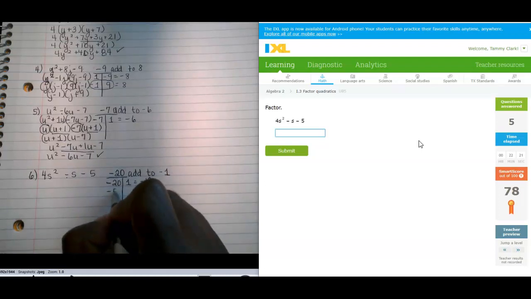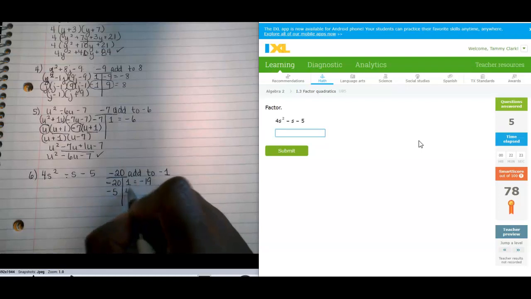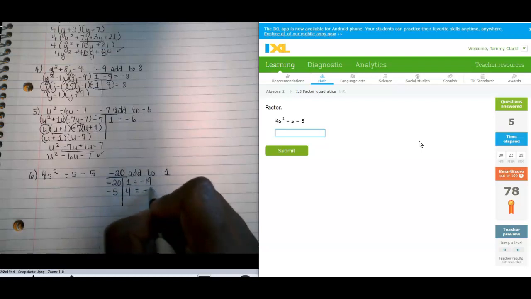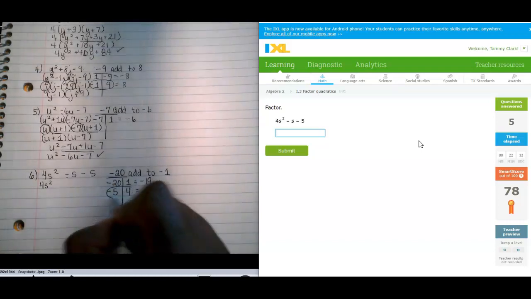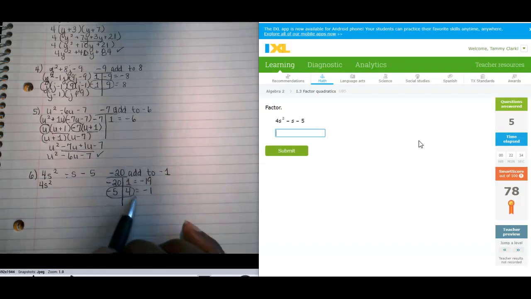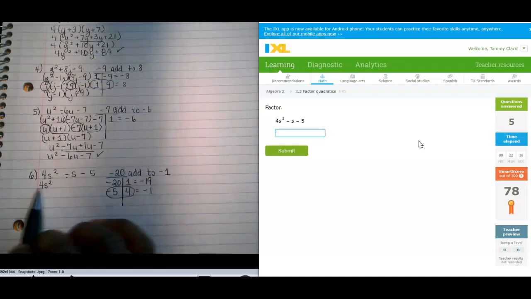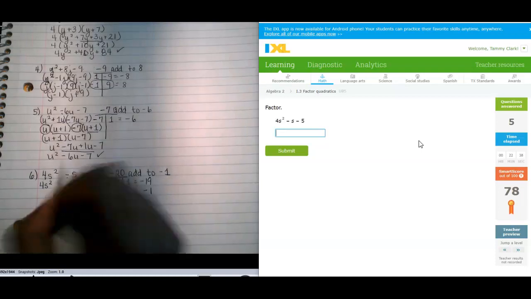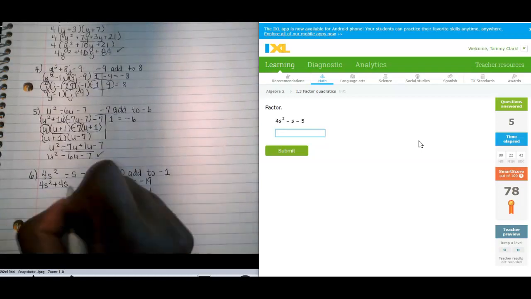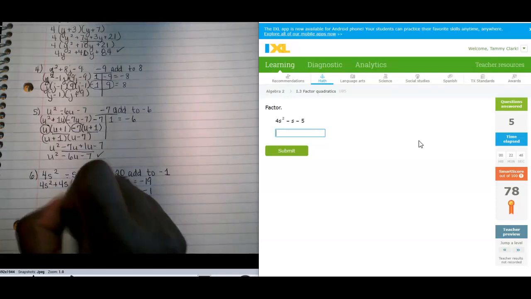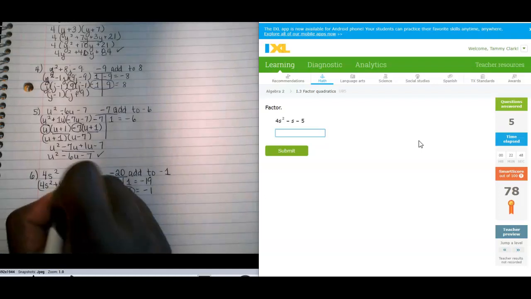Negative 5 plus positive 4, that gives us negative 1. That does work. So we say 4s squared, and I'm using these factors here, and I'm going to use the 4 because that'll factor out easier. So plus 4s minus 5s minus 5. So again, group your factors.